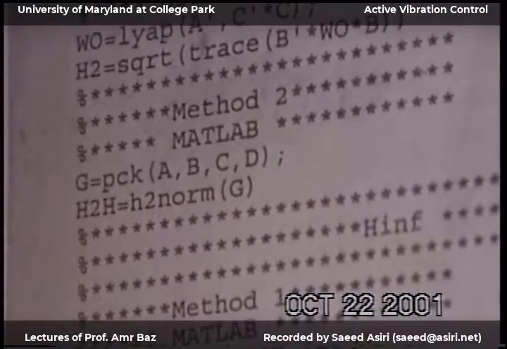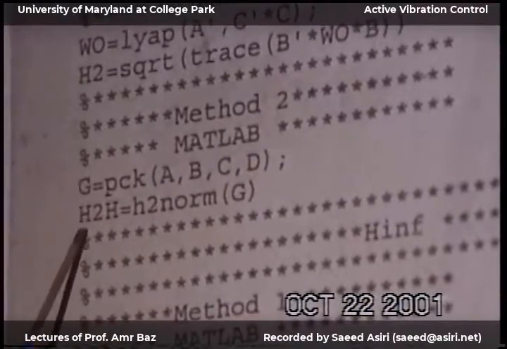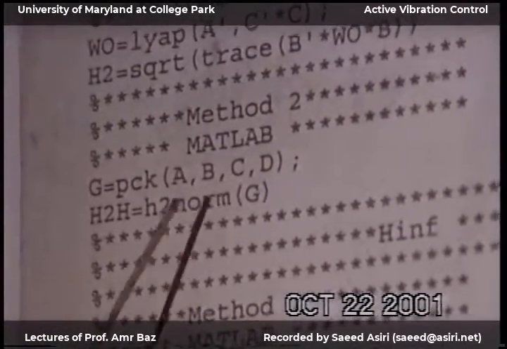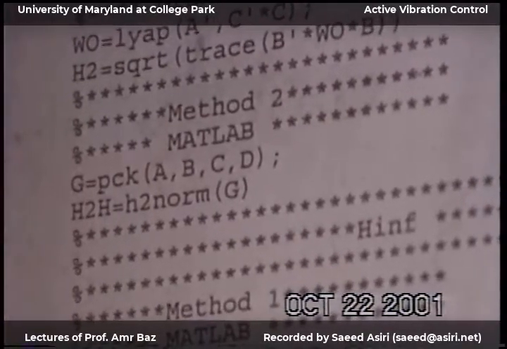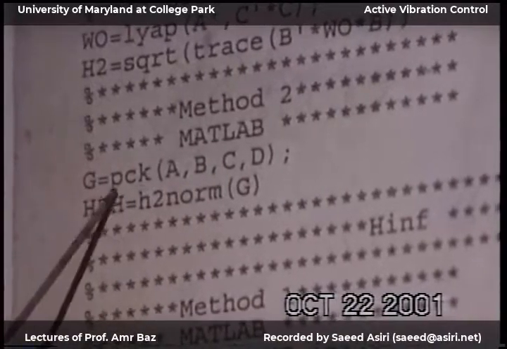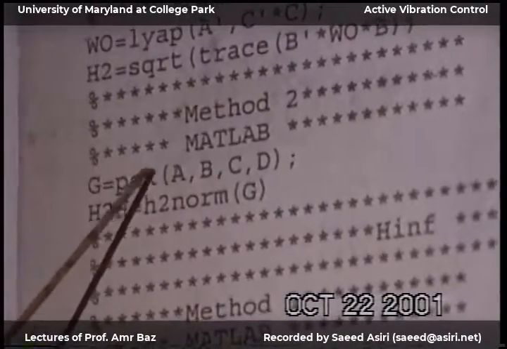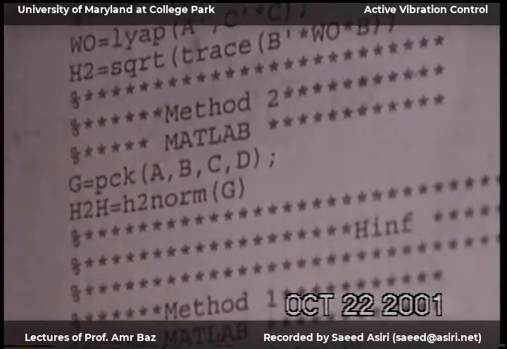The packing of all this in one transfer function. And then get the H2 norm by this command, H2 norm. Again, you can write down help file, and then look at this command, look at the pack command, and then of course the trace is the sum of the diagonal elements.